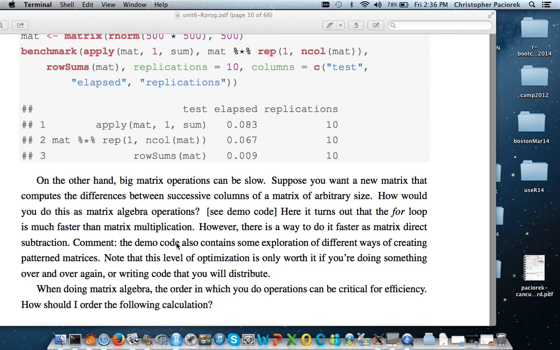So the question is, how could I do this? Try and think of different ways that I might do that. And the second question is, try and think of how I could do that as a matrix algebra operation. How can I set this up so that I can do some matrix algebra where I take this, do some matrix algebra to it, and produce the resulting matrix of interest? So take a minute or two, try and brainstorm. Feel free to chat with your neighbors, and then we'll see what people came up with, and then we'll time some of the different possibilities.